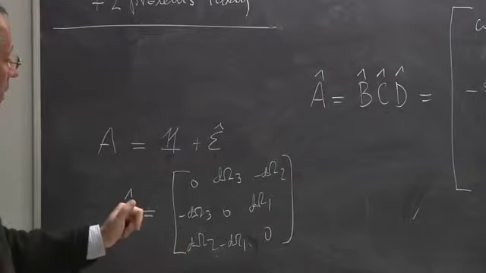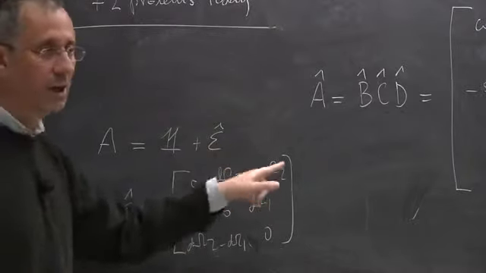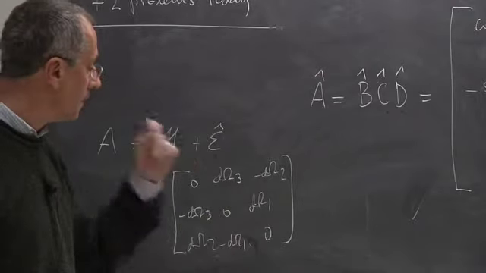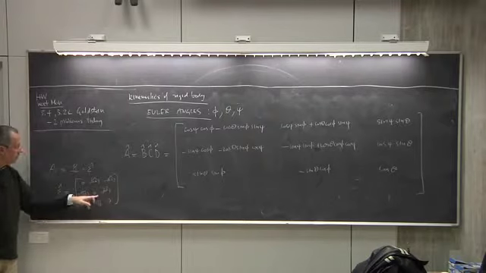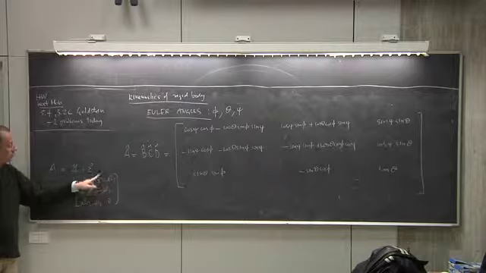So to specify this matrix, I only need 3 components. It's a 3 by 3 anti-symmetric matrix, and because it's anti-symmetric, by definition, you must have 0 on the diagonal. So instead of having 6 components, you just have 3.